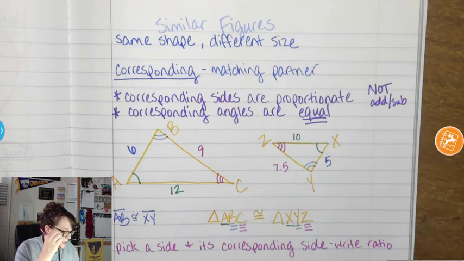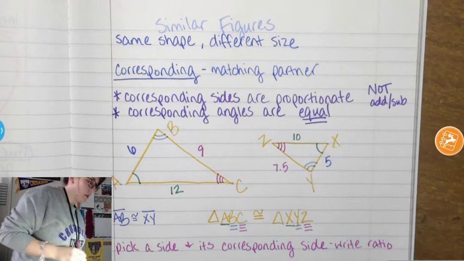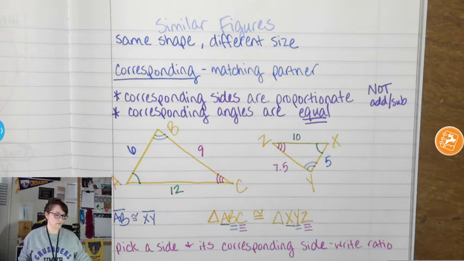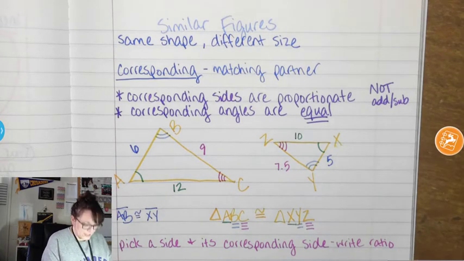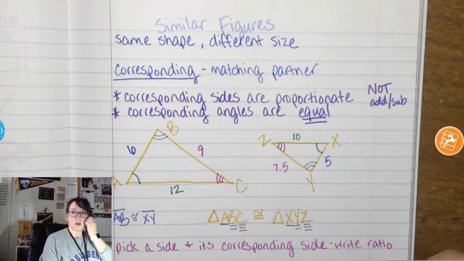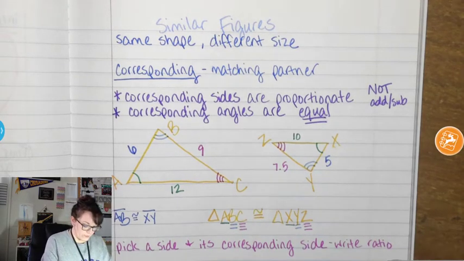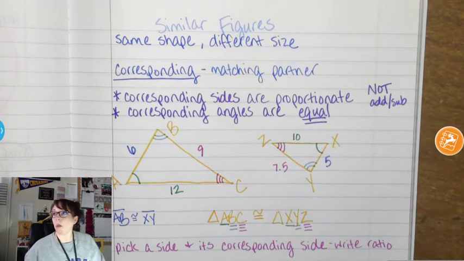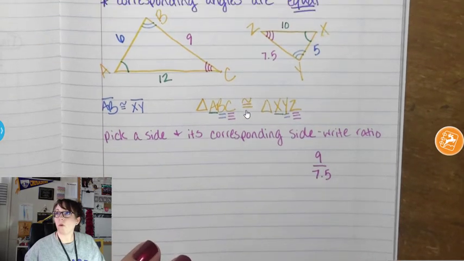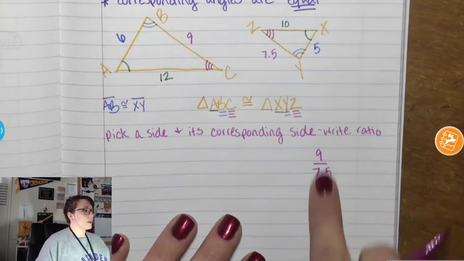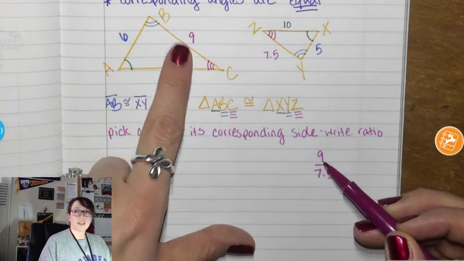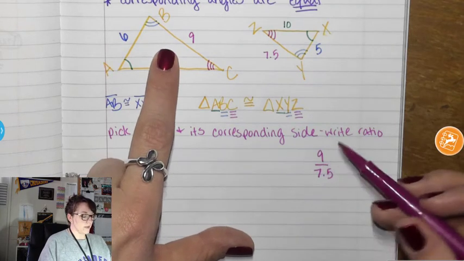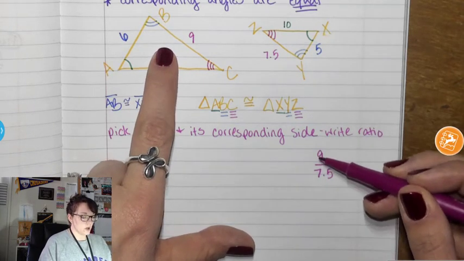So on triangle ABC, which side do you want to use? 6, 9, or 12? 9, okay. What is 9's corresponding piece on XYZ? 7.5. So I'm going to put 9 over 7.5. It does not matter which one goes on top. But since I picked a 9 from the big triangle first, my relationship here is big triangle over little triangle.